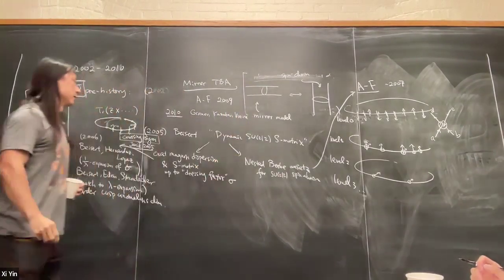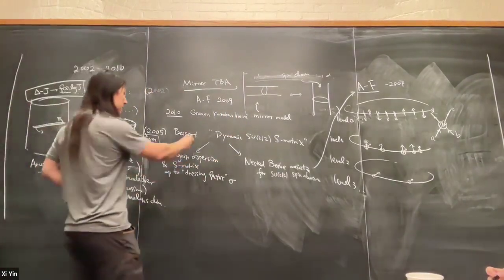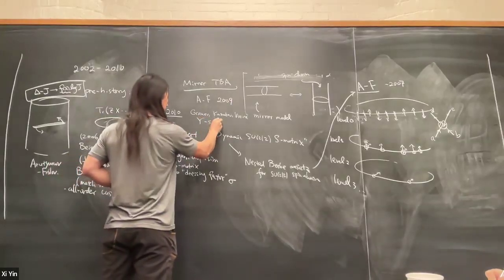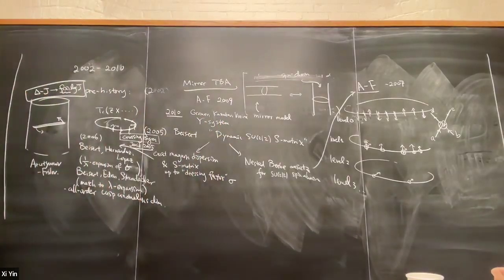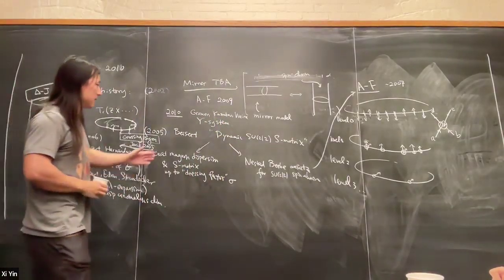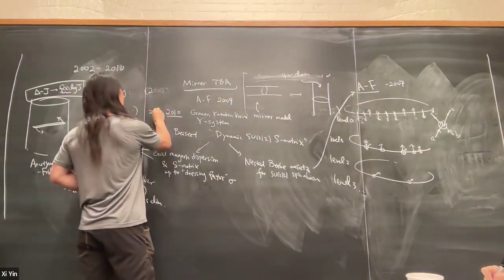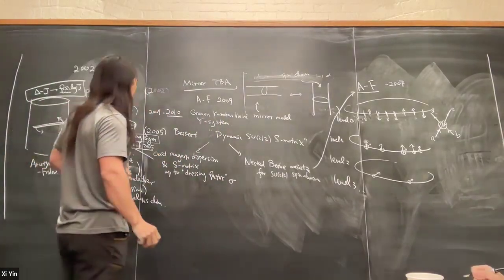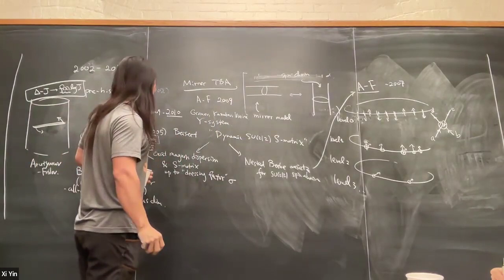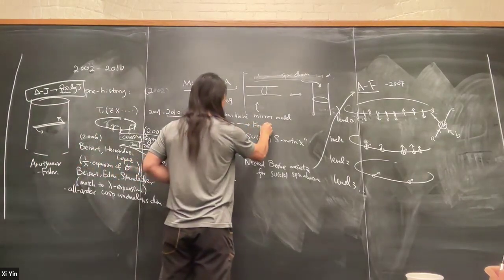This is when they took the mirror TBA equation of Arutyunov and Frolov and repackaged it in the form of the Y system, so that it's manageable and can be solved numerically. Actually, I think the Y system was proposed in 2009, but a few months later, they were able to get the numerics and get the Konishi operator.